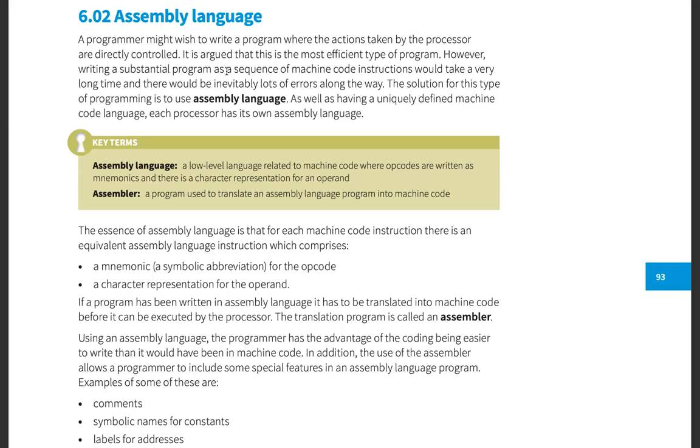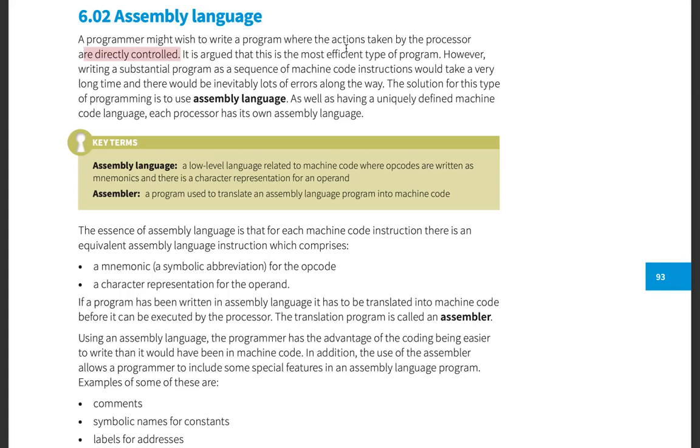So despite its difficulty, assembly language applications still exist. Most importantly, we may want to write a program where the actions taken in the processor are directly controlled. The lower the language, the more in touch it gives you with the overall working of the hardware.